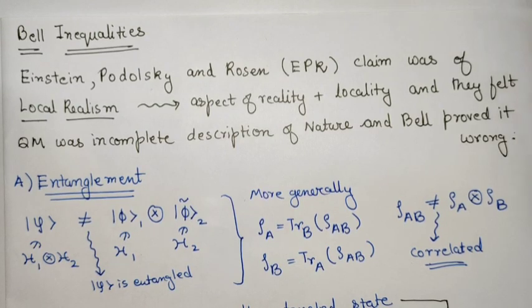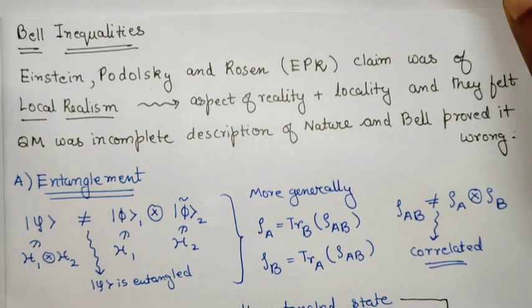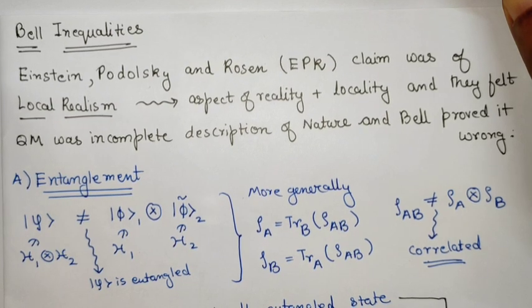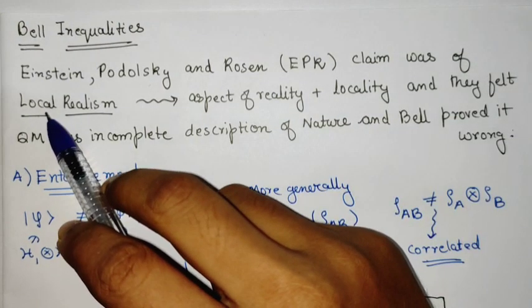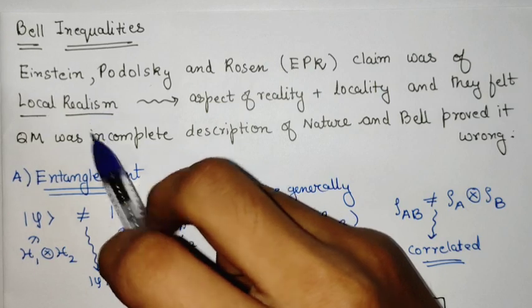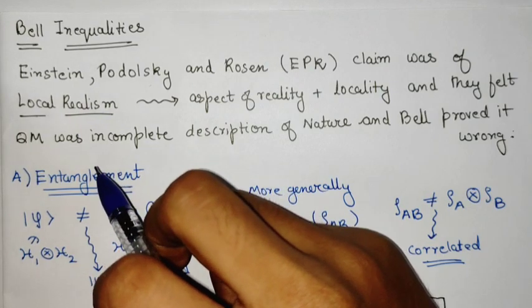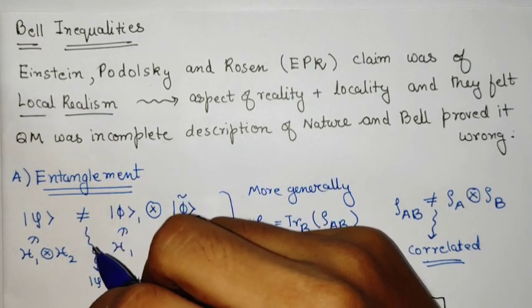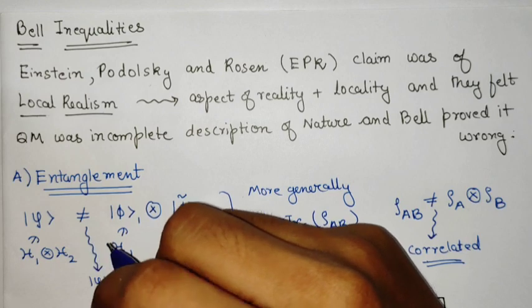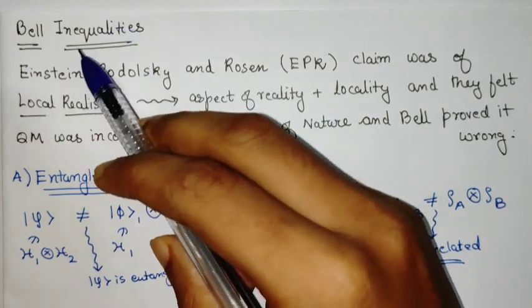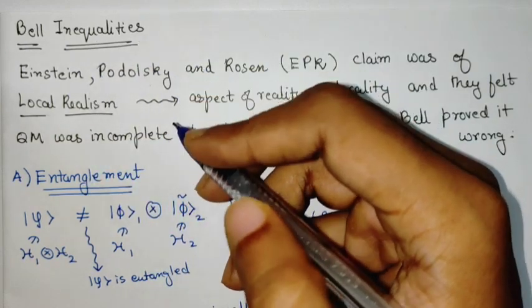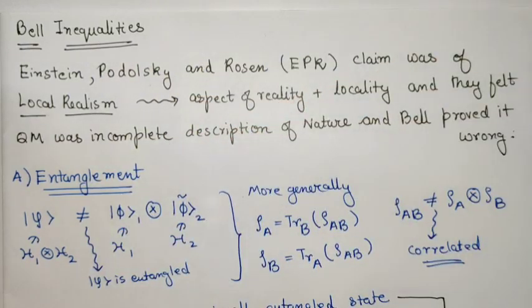And quantum mechanics was not able to convince about the truth of these arguments, particularly the entanglement theory. Further, Bell transformed these vague understandings of reality and locality into what we call Bell inequalities. This provided the experimentalist with a handle on checking whether quantum mechanics was true or the EPR claim was true.